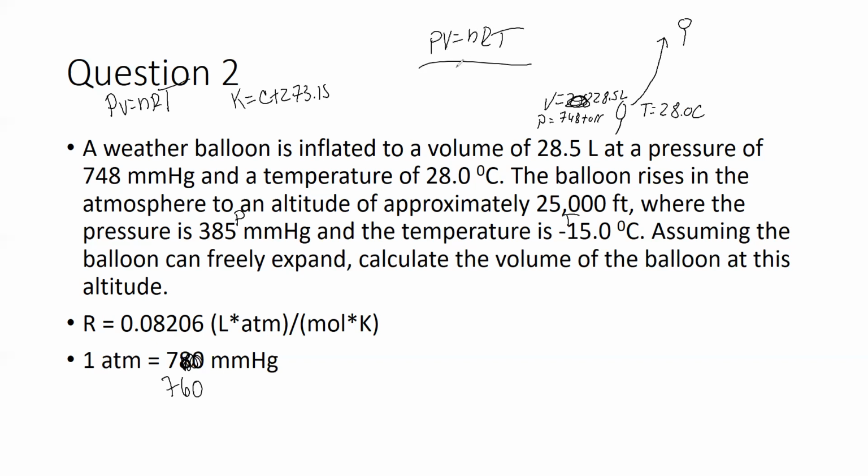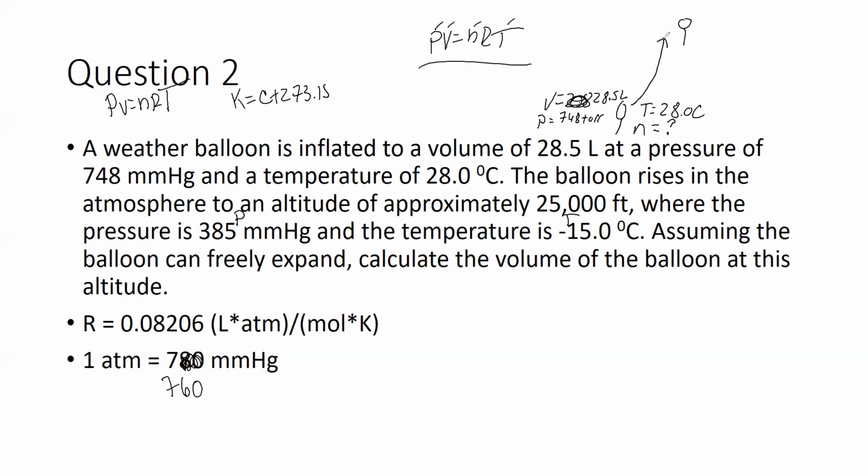From the information I give you, try to match up the numbers to each variable. There are 4 variables, P, V, n, and T, because R is always a given. There should always be one variable you don't know. Under my first conditions, I know P, V, and T, but I don't know n.